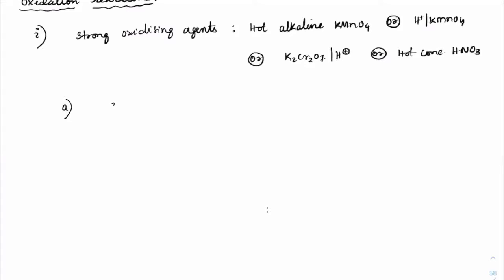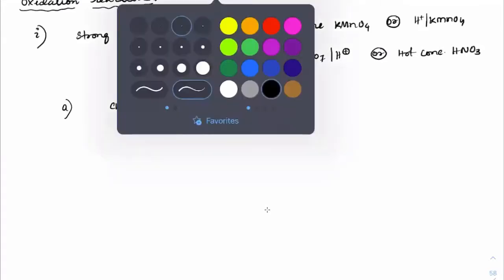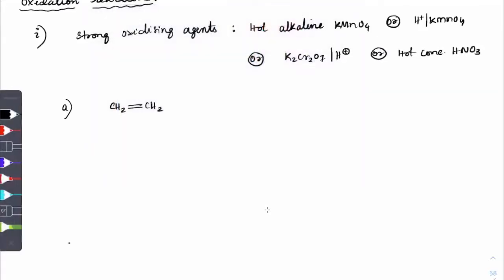See, first, if you take CH2 double bond CH2, what you should typically do is just break this double bond. Got it? So break the double bond and make sure you attach one oxygen to this carbon and one oxygen to this carbon like this. CH2 double bond O plus O double bond CH2. So it is like you are breaking the double bond and inserting two oxygens. Clear?